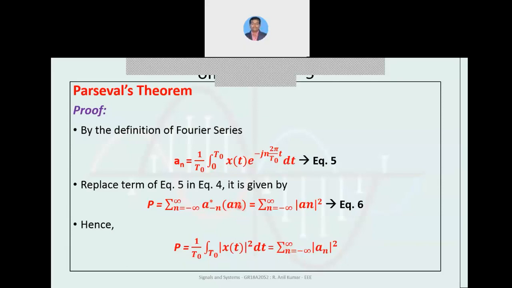Consider this n as a suffix, so the condition becomes a suffix minus n conjugate with a suffix n equals |a suffix n| square. Hence the left hand side condition we considered earlier, 1 by t naught integral over t naught of |x of t| whole square dt, equals summation n equals minus infinity to infinity |a suffix n| whole square.